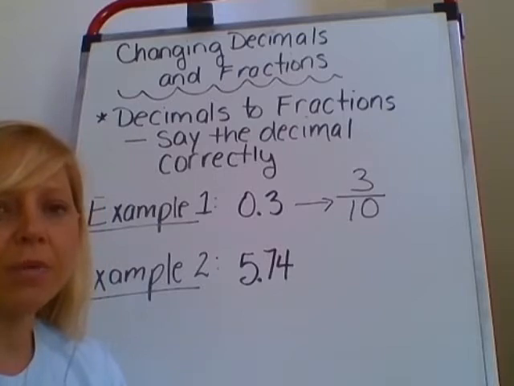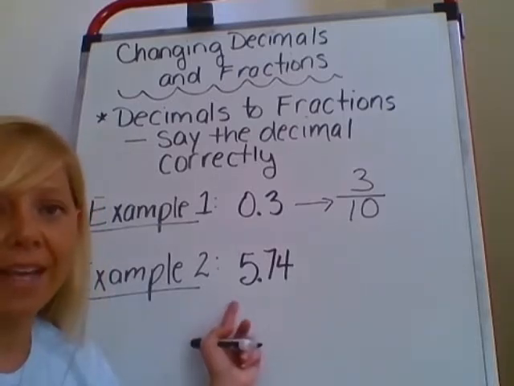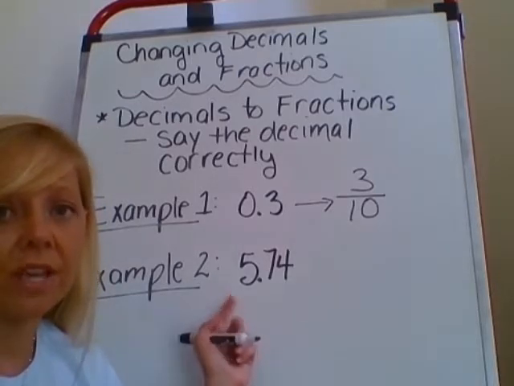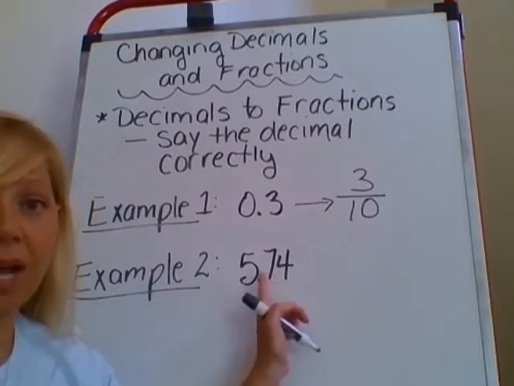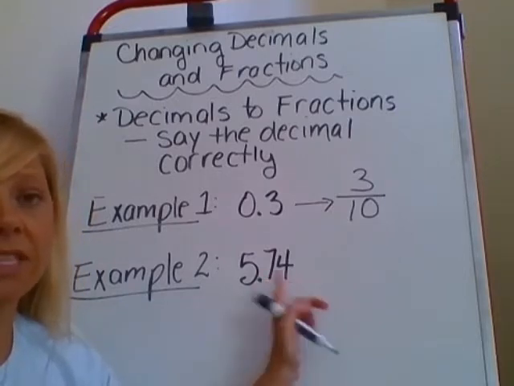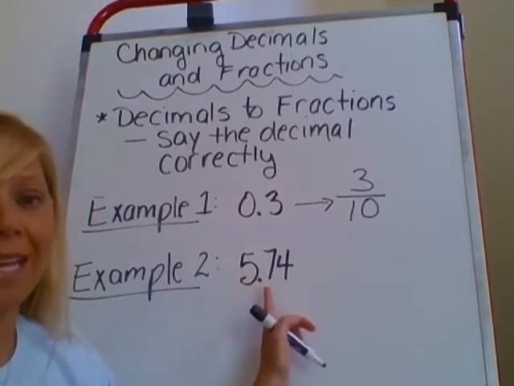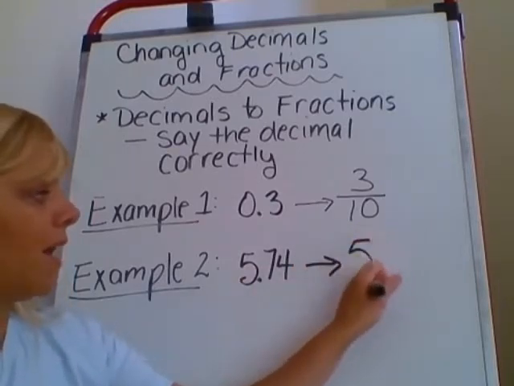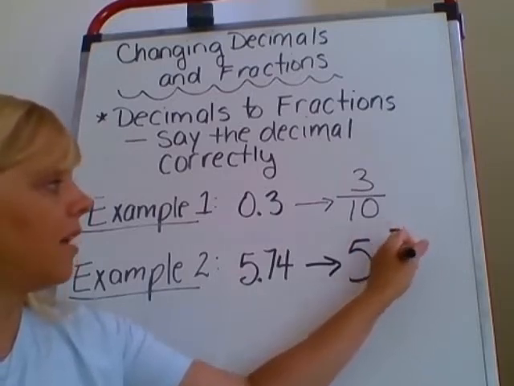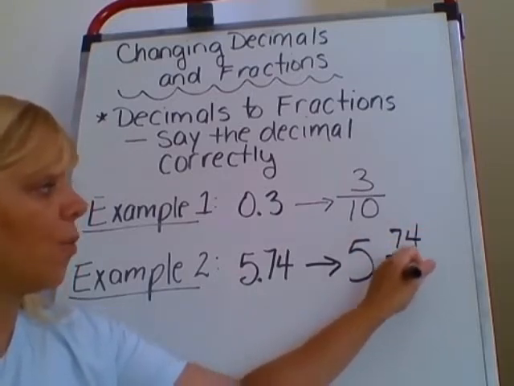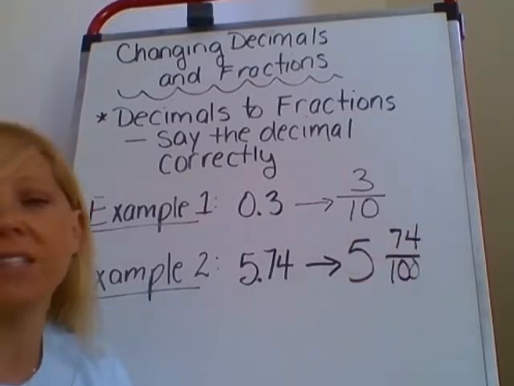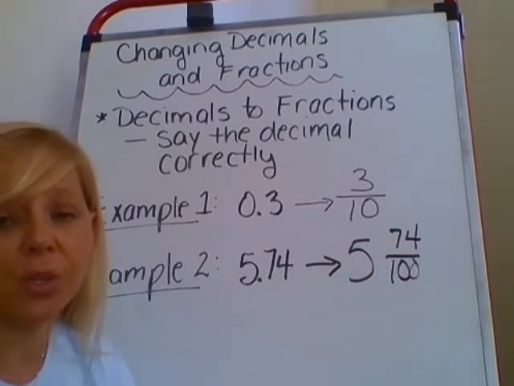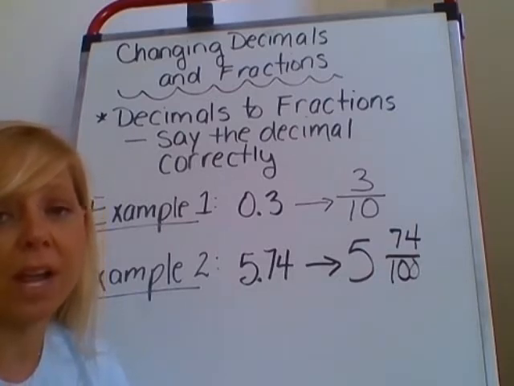All right, so if we look at example 2, we have 5 and 74 hundredths. So the 4 is in the hundredths spot. We have tenths, hundredths. So we would write 5 and 74/100. In this case, we do have a common factor of 2. 2 goes into both 74 and 100.